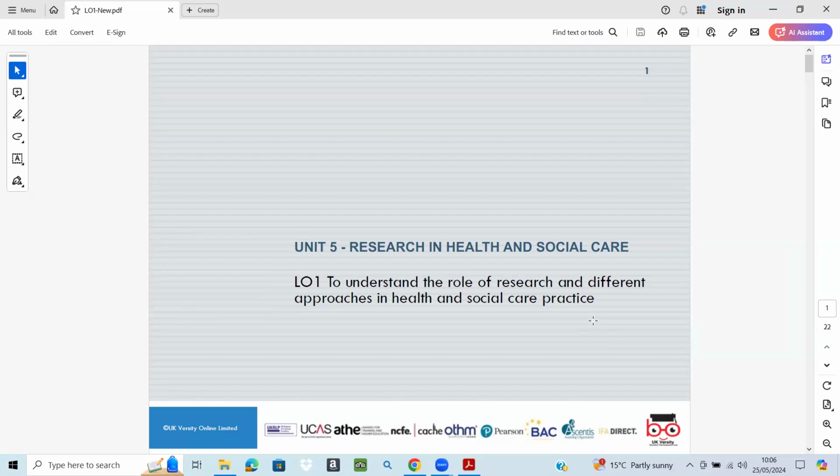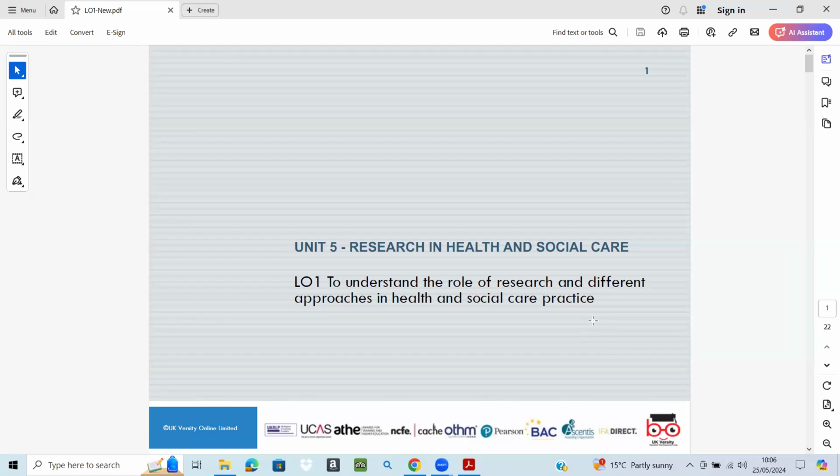Then we can discuss policy development and improvement. Research helps shape health and social care policy by providing data on what works and what does not. An example could be public health research on smoking cessation, which has led to policies and programs that successfully reduce smoking rates.